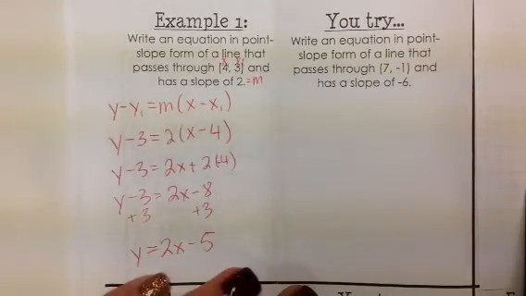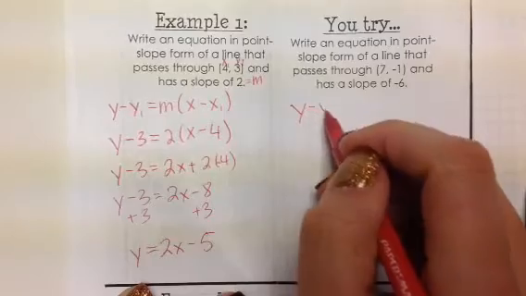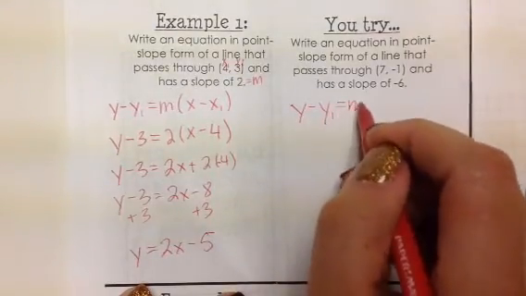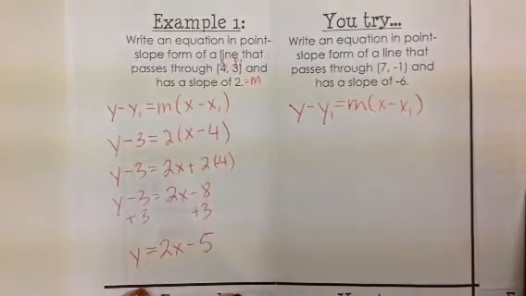Okay, so again, you should note that y minus y1 equals m times x minus x1 is the point slope form that we need our equation to be in.